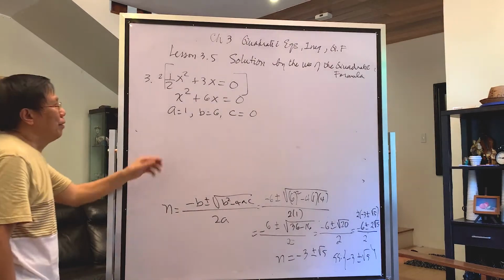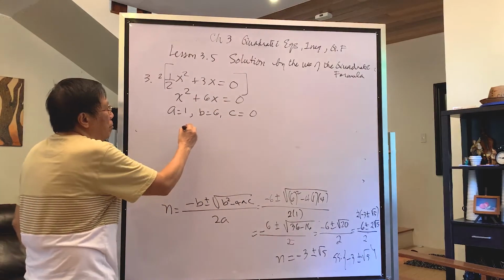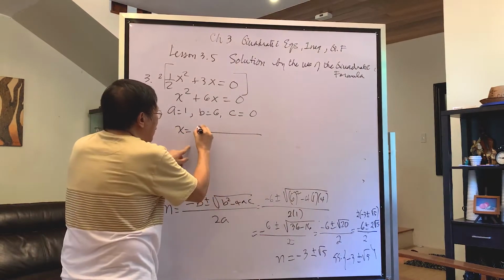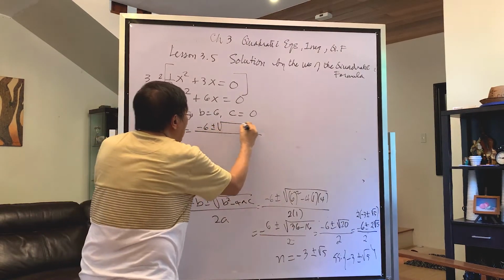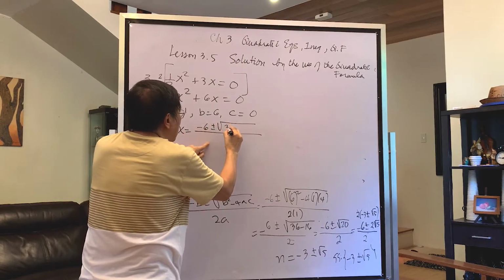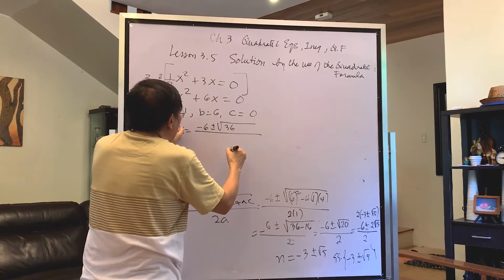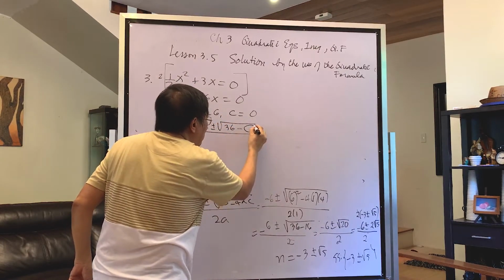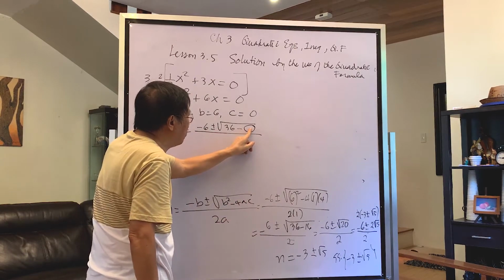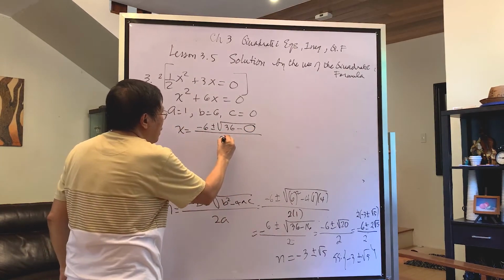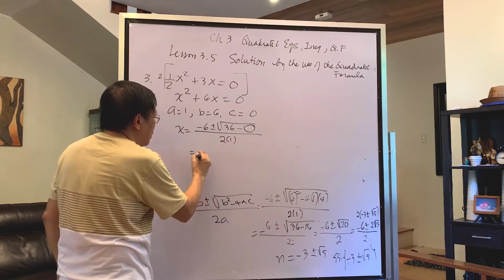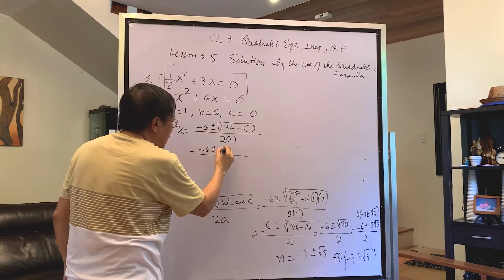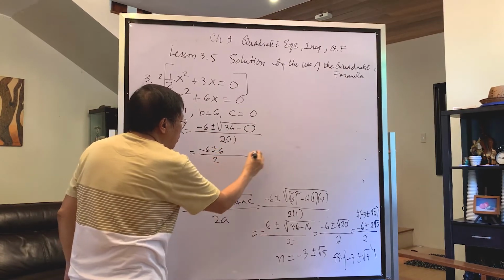From these values of A, B, and C, we can use the quadratic formula now. Negative 6 plus or minus square root of B squared is 36. Now, if C equals 0, this term here will always be equal to 0, so you don't need to think about what will happen to that anymore. And then we get here 2 times 1. So we get negative 6 plus or minus square root of 36 is 6, over 2.